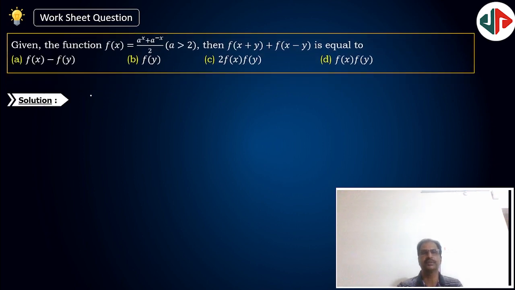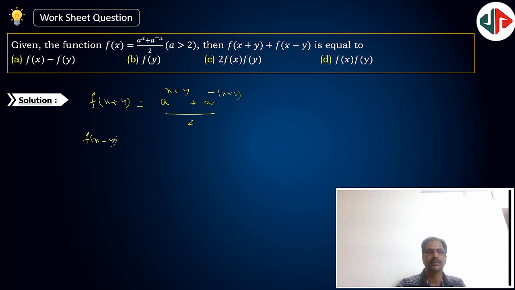Next, f of x is given. You have to find f of x plus y plus f of x minus y. What is f of x plus y? Replace x with x plus y. What is f of x minus y? Replace x with x minus y.